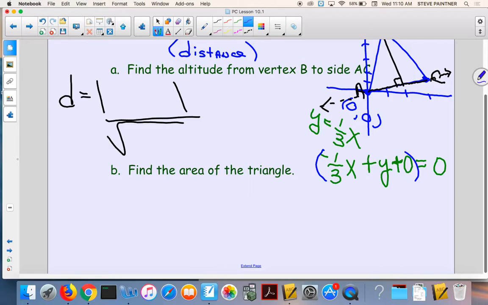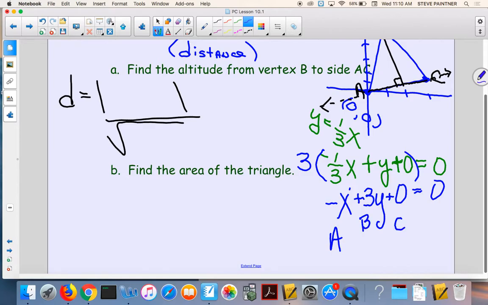Okay. So she does +3. You could do -3 if you want. And this would be negative x plus 3y plus 0 equals 0.